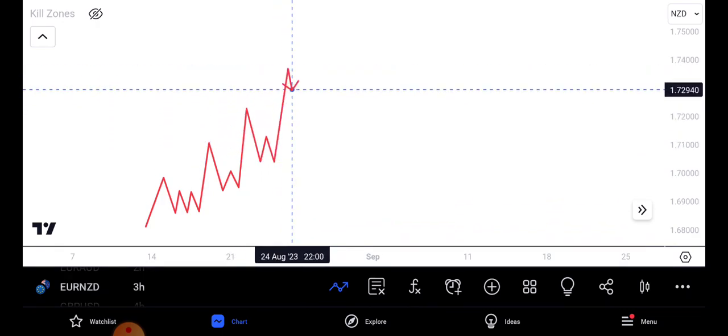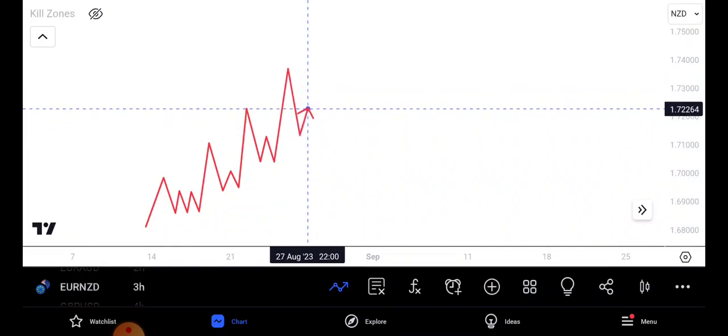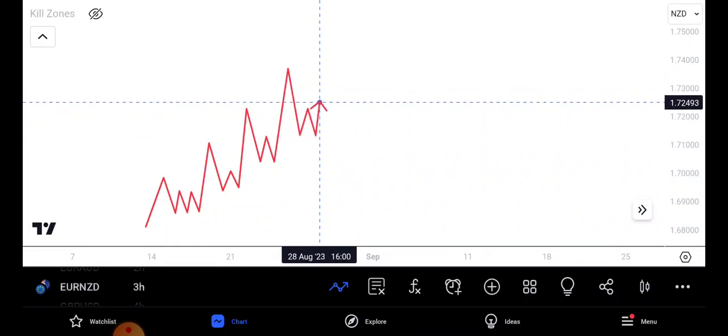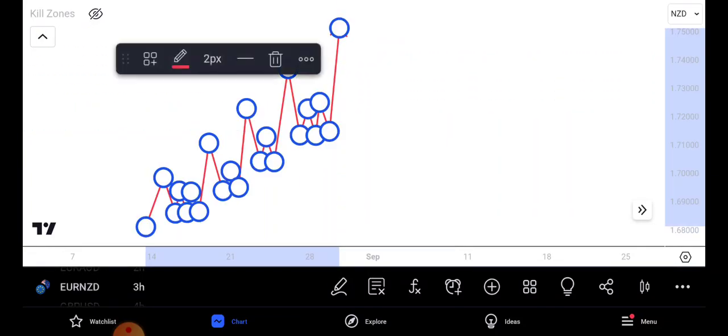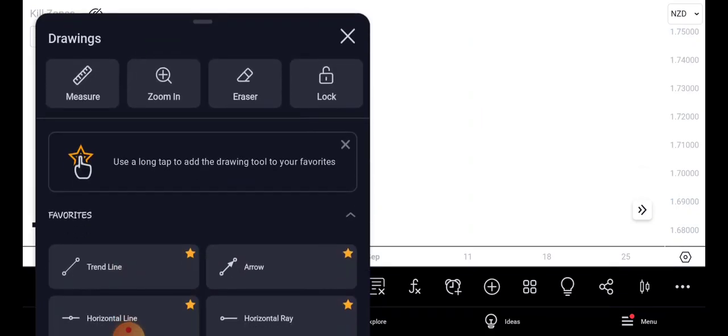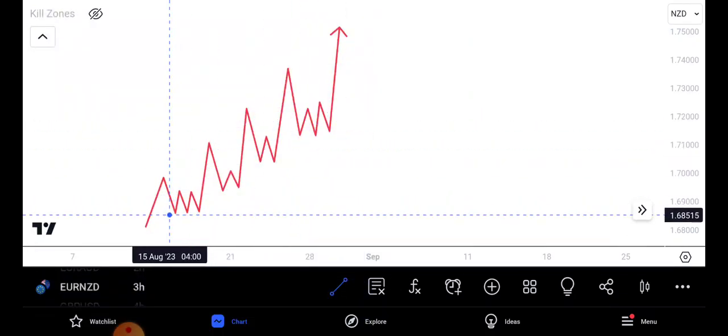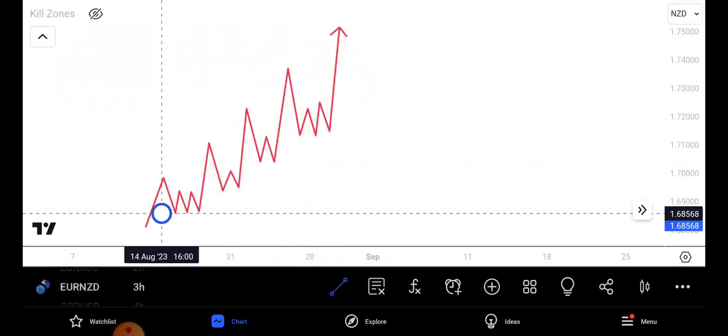All these points here are what we see as equal low liquidity.